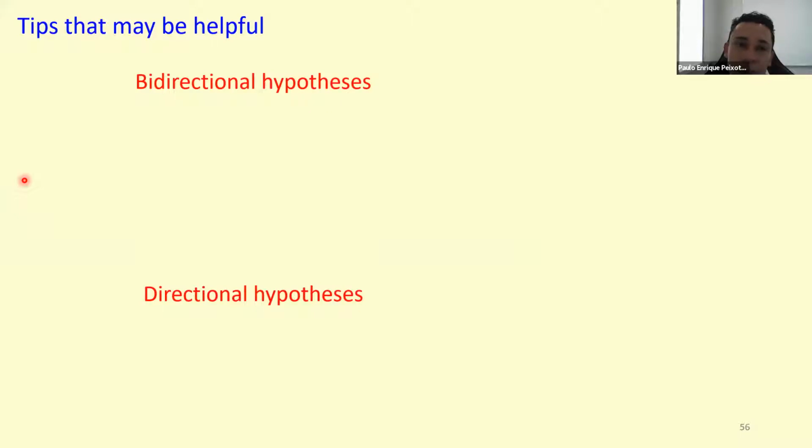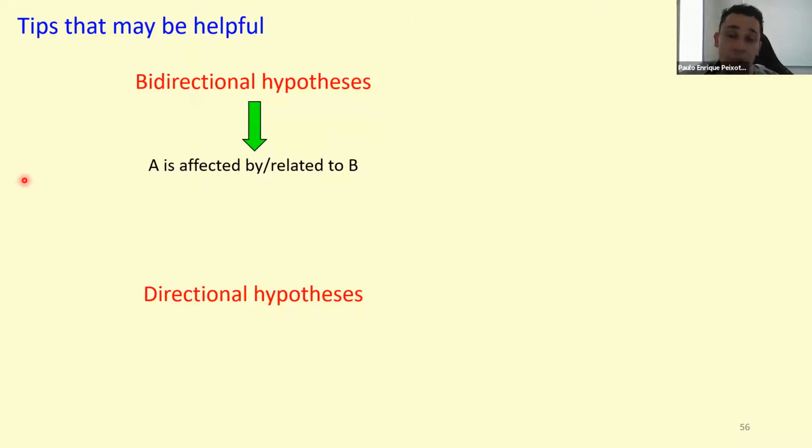When I provide a bidirectional hypothesis, I'm saying things like this one. A is affected by or related to B. This means, for example, that I can make a prediction that as the mass of B increases, the number of individuals of A should decrease.